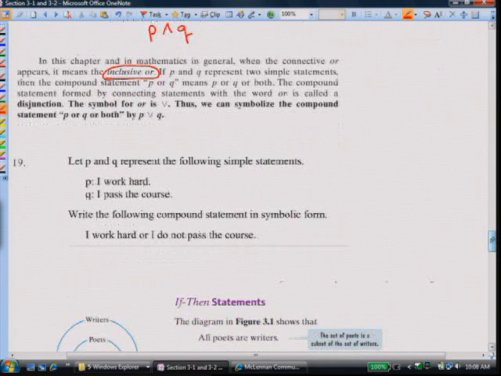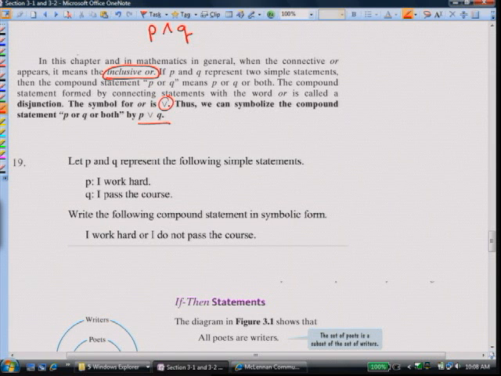But anyway, let P and Q represent the following simple statements. P: I work hard. Q: I pass the course. Write the following compound statement in symbolic form. Inclusive or has the little V, regular looking V. That's the symbol for an inclusive or.